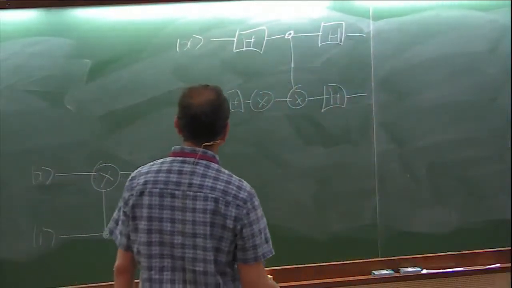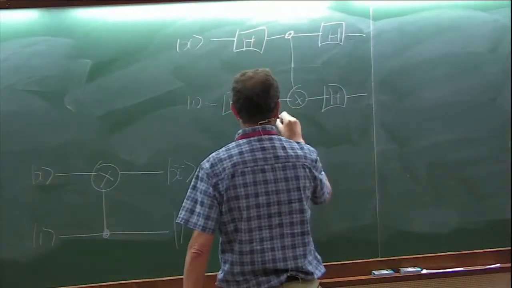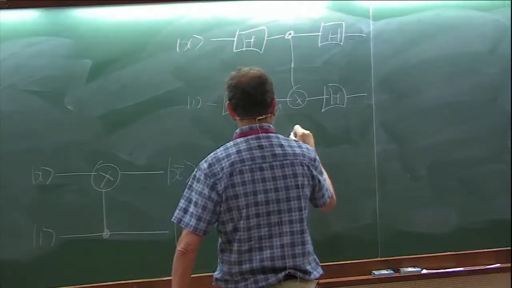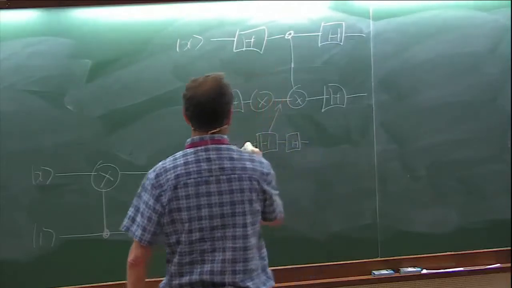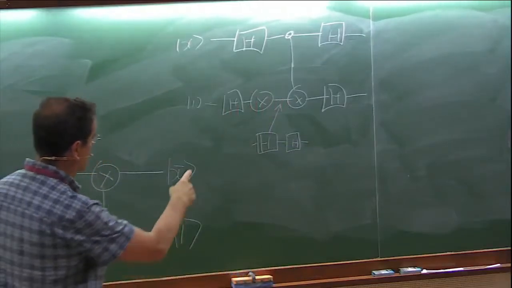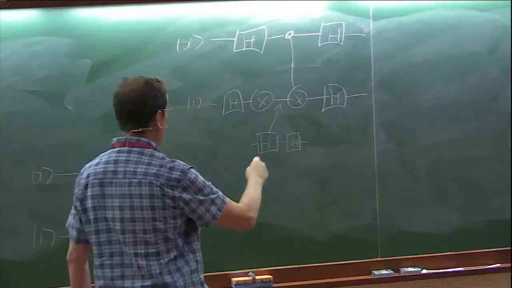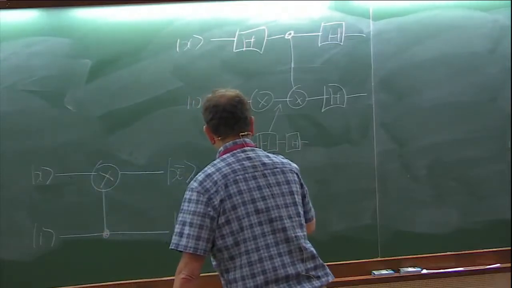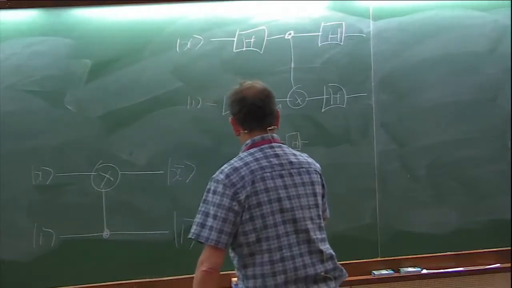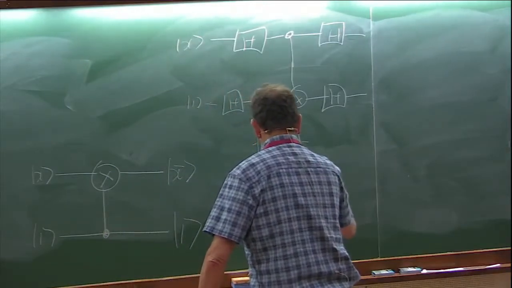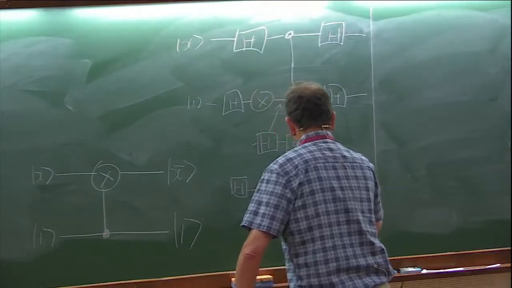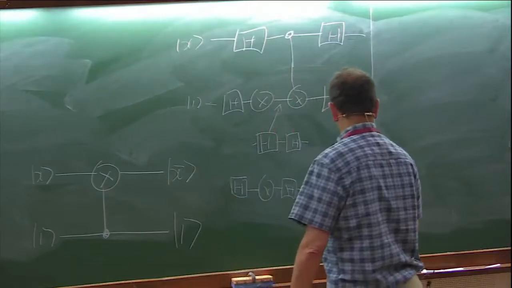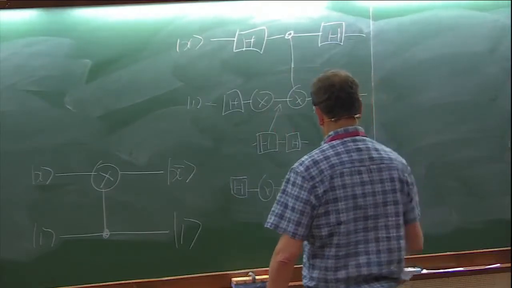Okay. So what we're going to do is insert here 2 factors of h, which correspond to the identity. So if I just redraw the lower one, we get h, x, h, h, x, h.